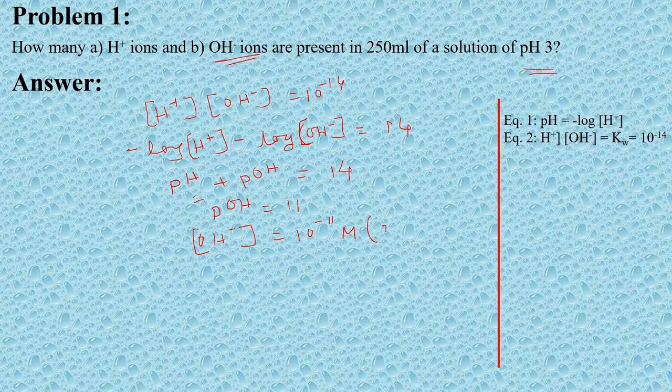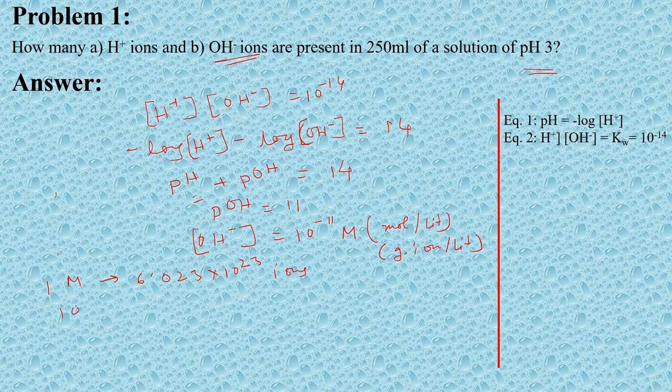That is mole or gram ion per liter. So from here we know that 1 molar solution contains 6.023 into 10 to the power 23 ions.